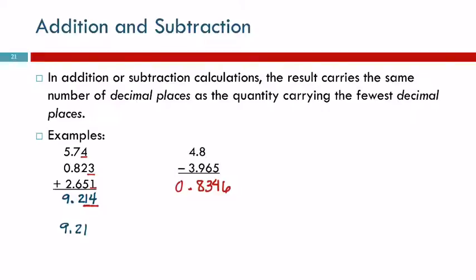How many decimal places does the number with the smallest number of decimal places have? 1. And so we should limit our answer to 0.8. Another way to do this is to look at these numbers and draw a line to the right of the number that ends first. And that tells you where your answer should end. We'll pick this up next week.